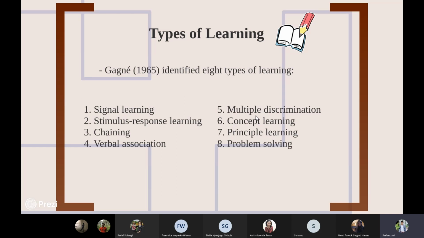The fifth was multiple discrimination, which was associated with second language learning. Sixth was concept learning, which involved the notion that language and cognition are interrelated.